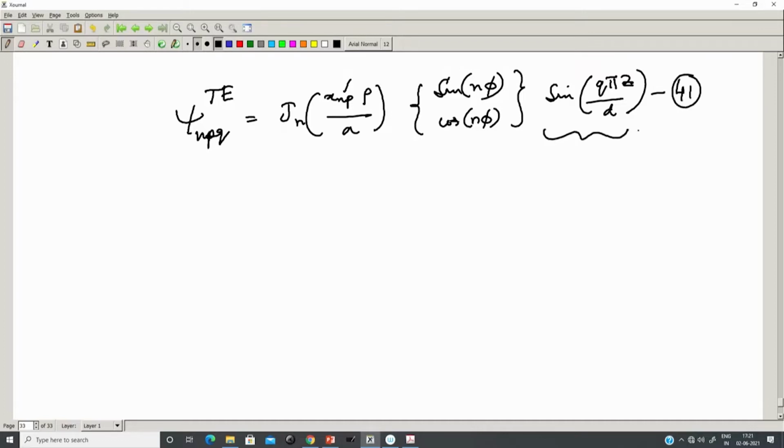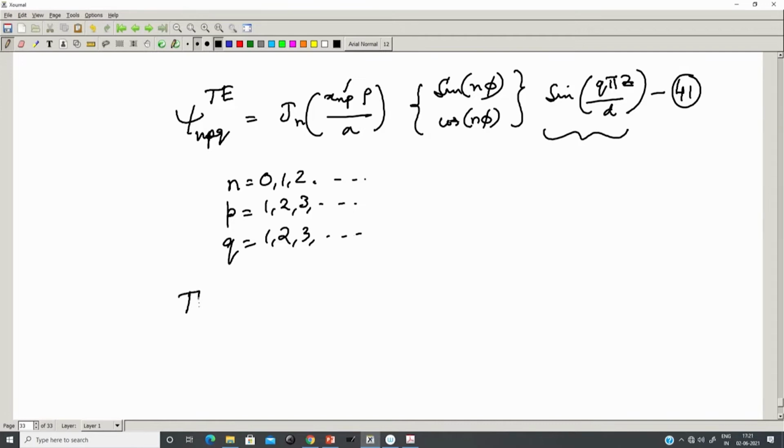Again, the choice of this sine function should be easy for you to find out, and I leave it up to you. So, n is 0, 1, 2, p equal to 1, 2, 3 and q equal to 1, 2, 3, because it is a sine function.